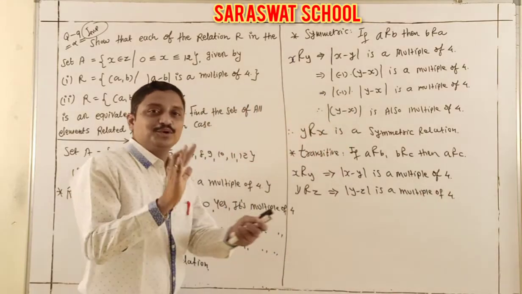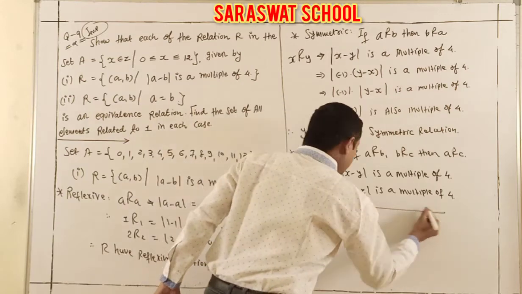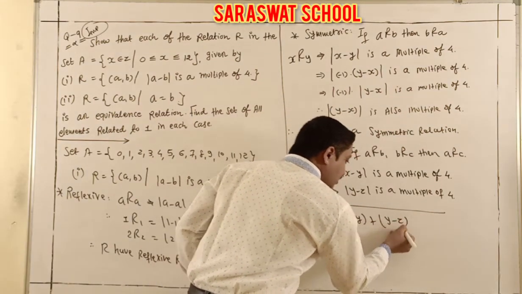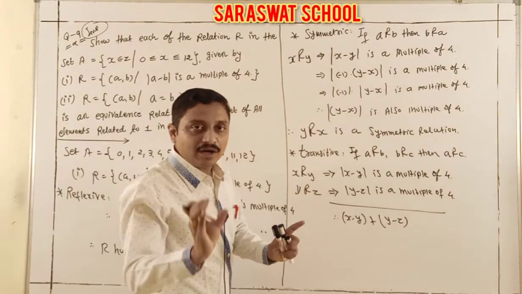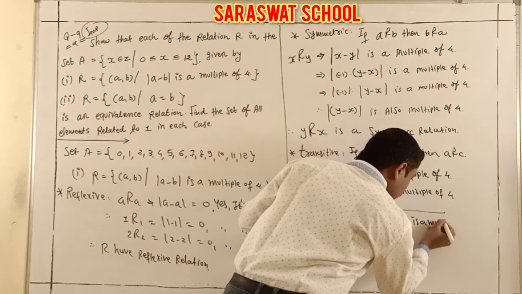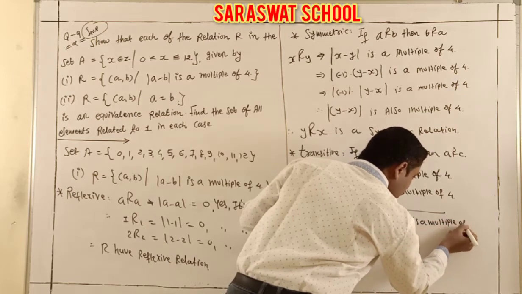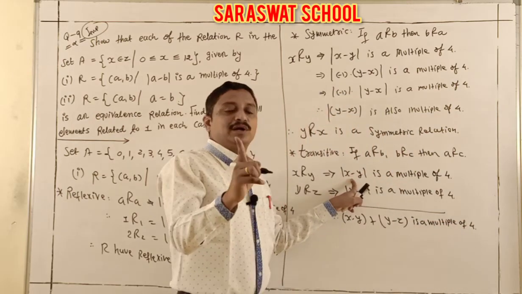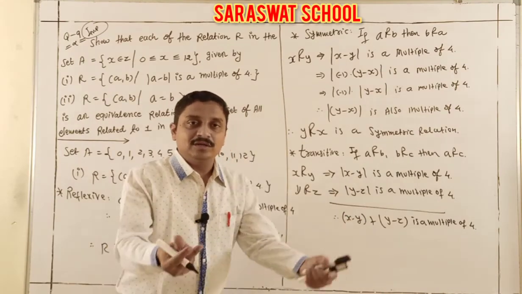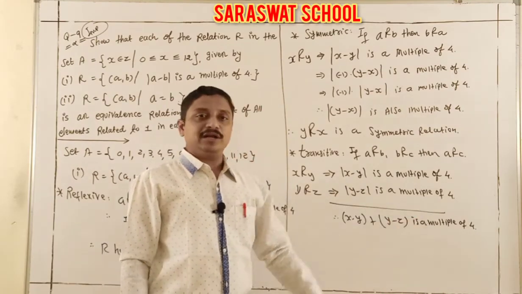Finally, you add both: |(x minus y) plus (y minus z)|, taking only the positive number, is a multiple of 4. Students, if one number is a multiple of 4 and the second number is also a multiple of 4, their addition is definitely a multiple of 4.